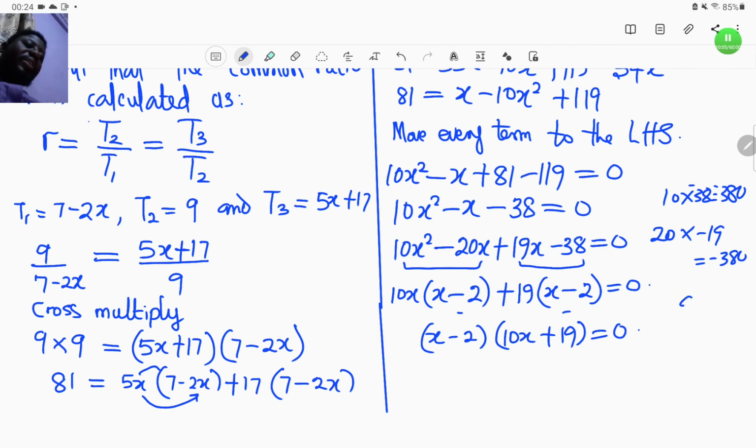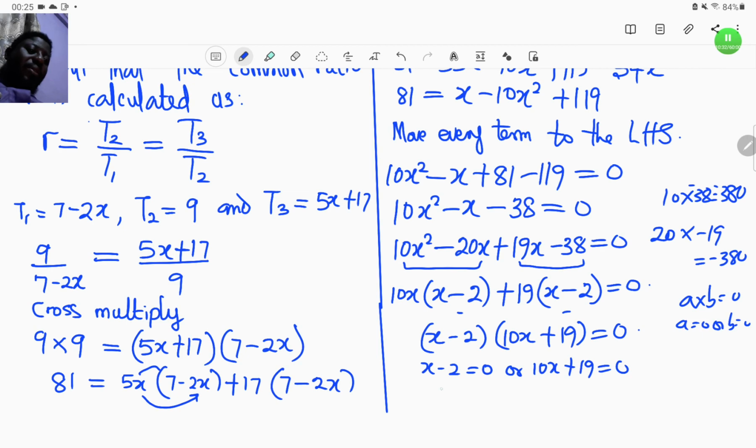Anytime you are multiplying two figures together and they are equal to 0, the logic behind it is that either A equal to 0 or B equal to 0. Meaning for these two brackets, it will be either x minus 2 equal to 0 or 10x plus 19 equal to 0. With this, the first one will be x.